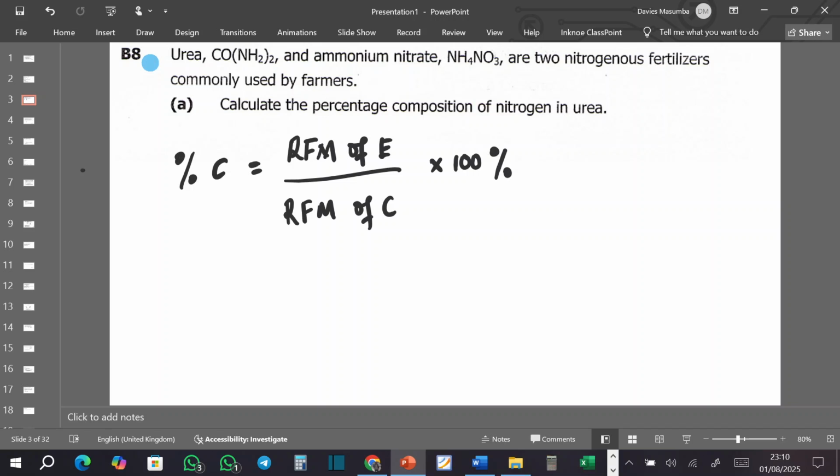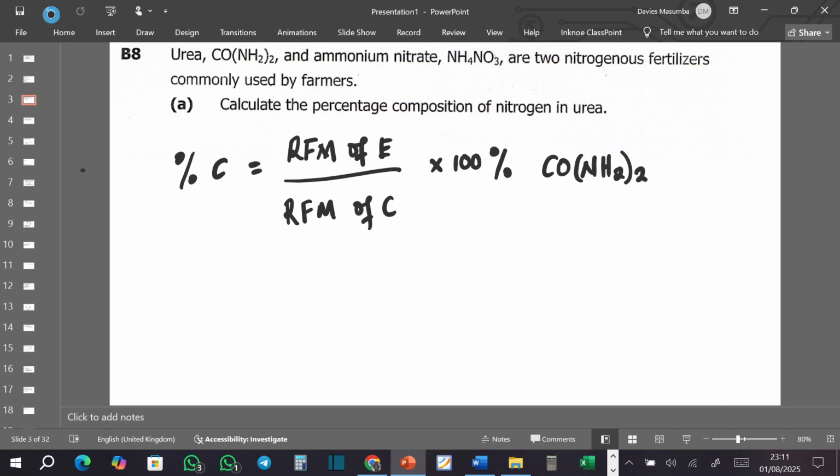So you get this urea because they're saying calculate the percentage composition of nitrogen in urea, like how much is nitrogen here in urea. So you get your urea, this is C, open brackets NH2, and then we have 2 outside.